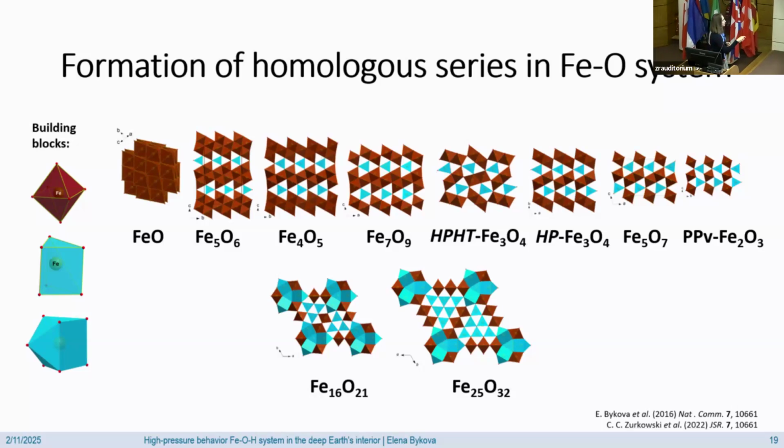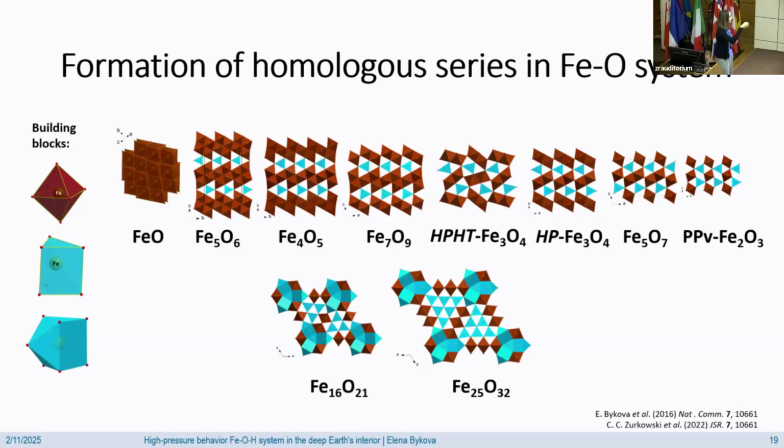They are shown here by brown color, and also FeO6 prisms or capped prisms that have additional oxygen coordination, but so far it's not very important. These can connect through common triangular bases in rods. And in principle, you may have a series of homologous compounds where you have just these slabs and rods combined with different ratios.